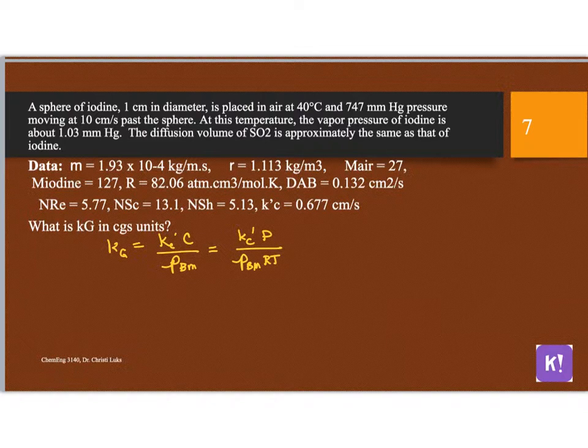Now, this partial pressure of B log mean is going to be the differences in pressures divided by the log of the ratio of the two pressures.